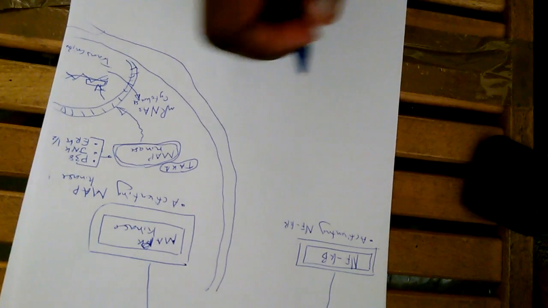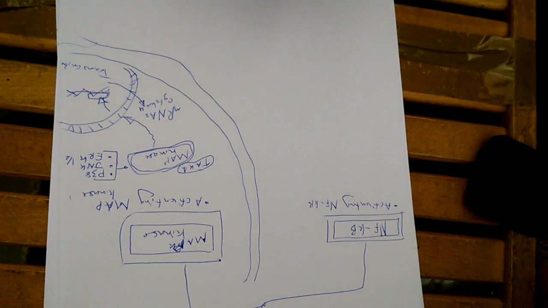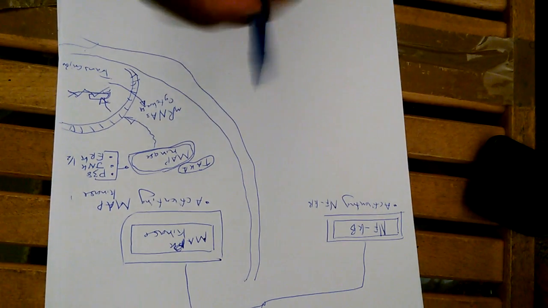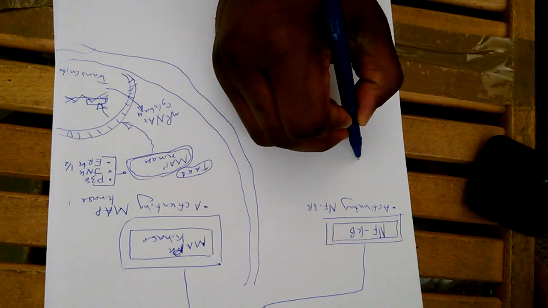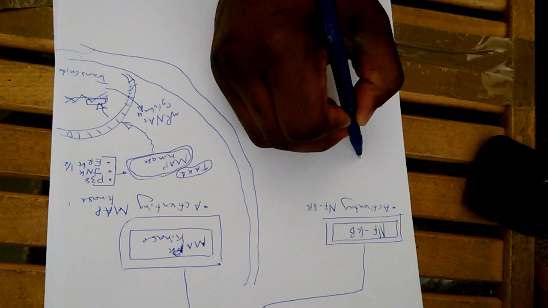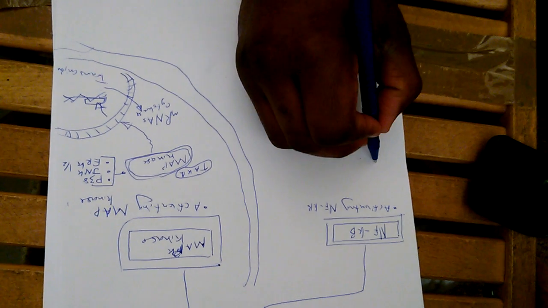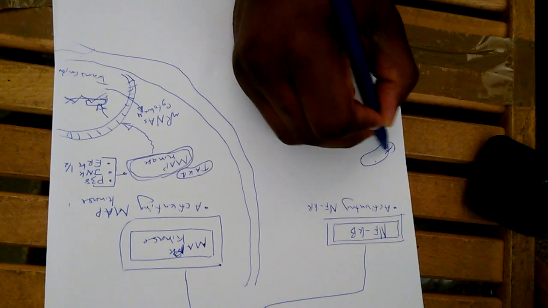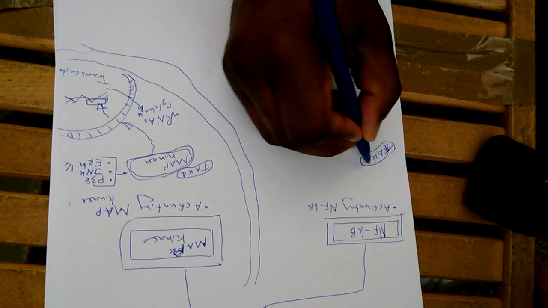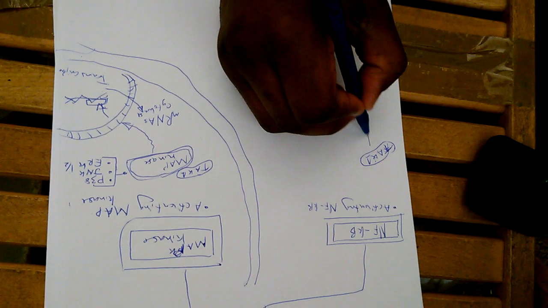So on the other hand, the one I'm most interested in is the release of NF kappa B. So for the NF kappa B pathway, what happens is the TAK1 goes ahead and forms a complex.